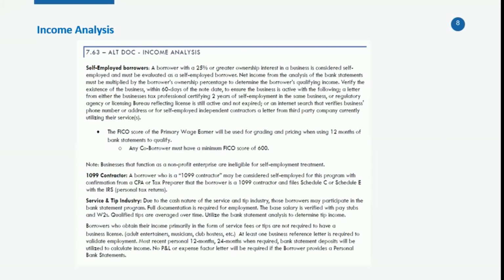Okay, now service and tip industry, you see there, due to the cash nature of the service and tip industry, those borrowers may participate in the bank statement program. Full documentation is required for employment. So they're going to get their base salary, right? Here in California, I believe servers make minimum wage plus tips. Not the rest of the country is paid that same way.